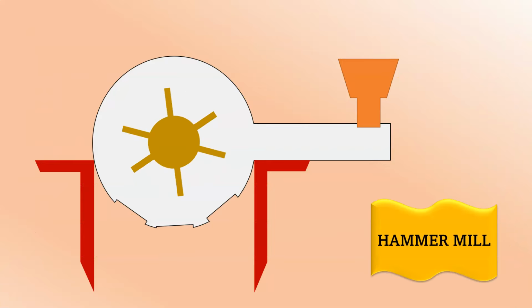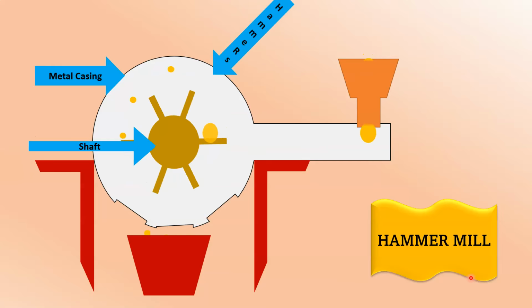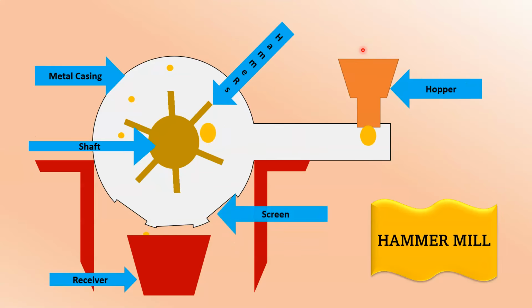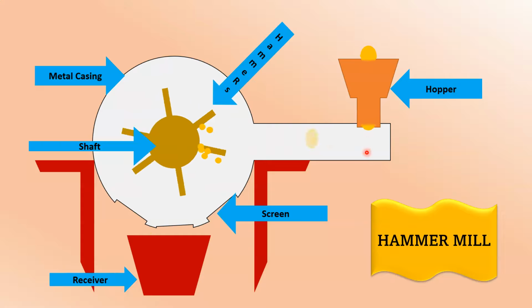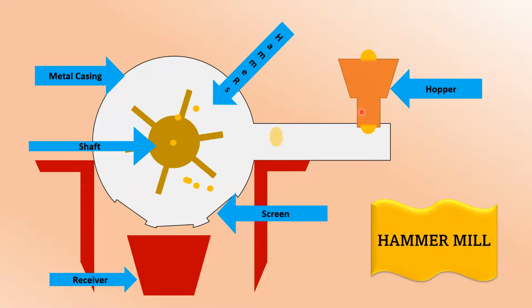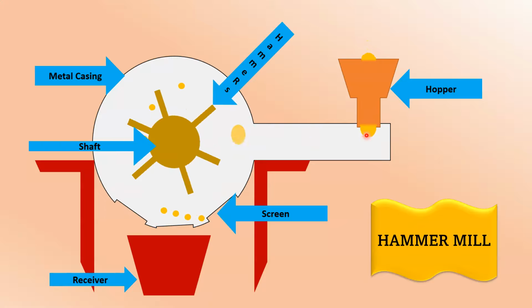Now let us see the diagram and the actual working of hammer mill. So you can see here the material is put into the hopper, and this hopper is attached to the drum.